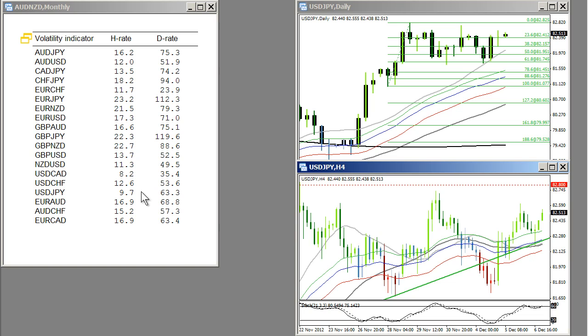So don't perceive the euro-US dollar weakness as being driven by the dollar. It was actually being driven by the weaker euro.